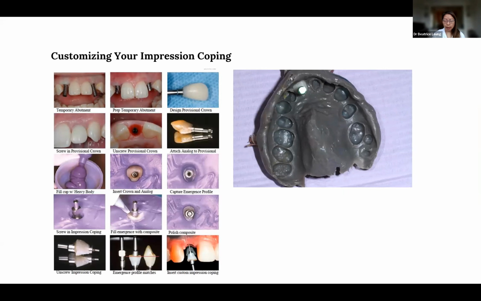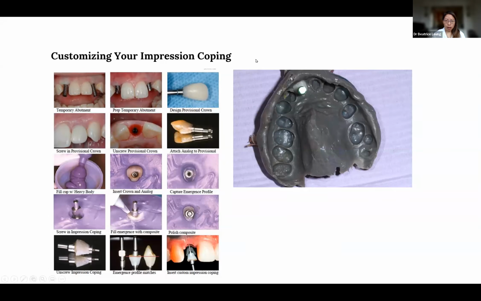Even if you're not doing immediate implant protocol, my anterior implant crowns always have a temporary because it allows me to shape the soft tissue the way I want it. It allows the soft tissue to heal around it and allows me to talk to the patient about what's feasible, what's not feasible. And once the soft tissue heals properly, then I can make an impression by customizing my impression coping.